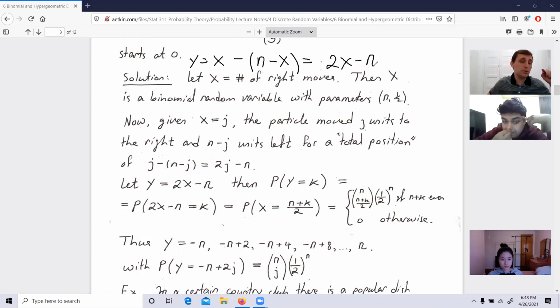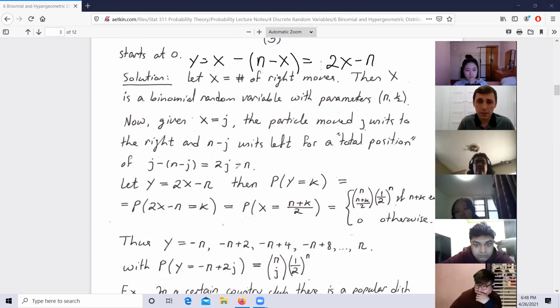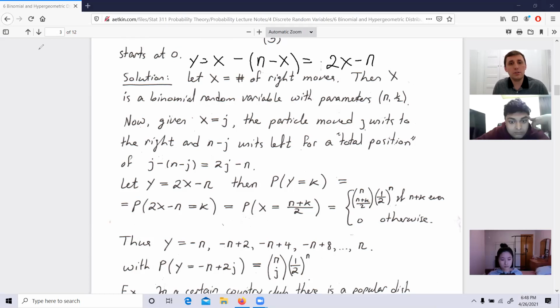That's my random variable. So what are the possibilities? If X is equal to 0, you can see X equal to 0 means I'm only moving to the left. So then I'm at minus n. That works, right? If X is equal to n, that means that I'm only moving to the right. So I have 2n minus n, I get n, right? That's possible. Good. So those are the values that I can take.